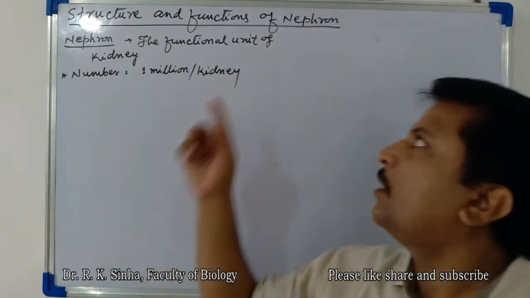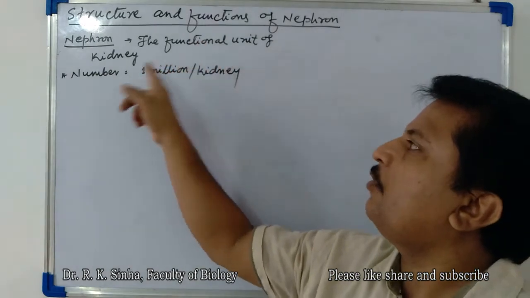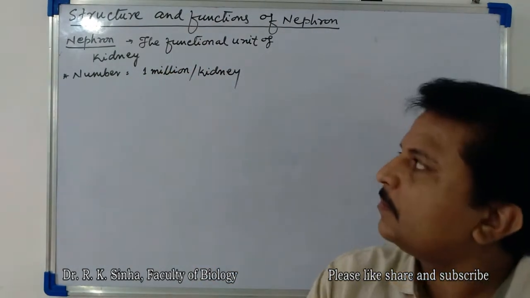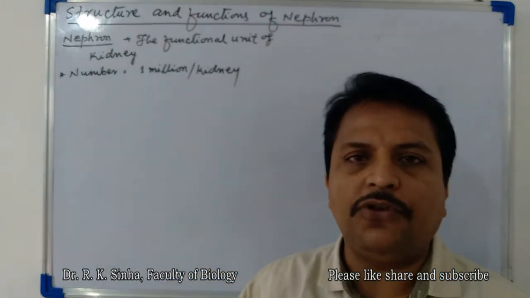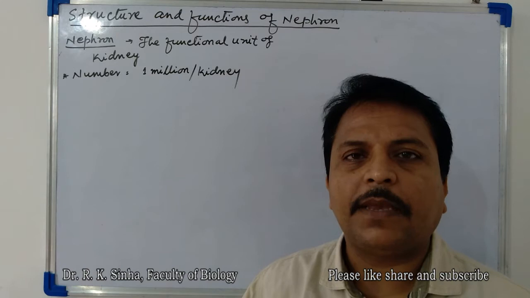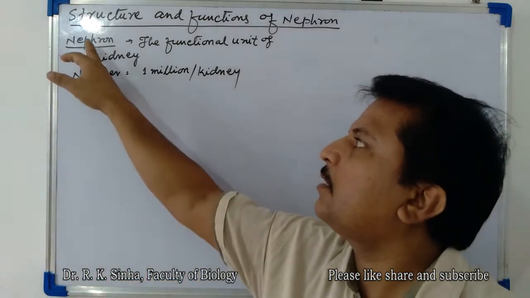As we know, the nephron is the functional unit of the kidney, meaning the entire physiology of the kidney is performed by this unit.